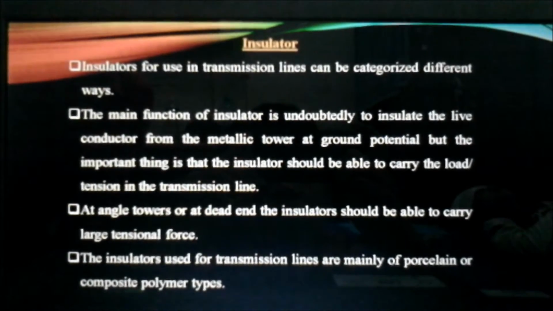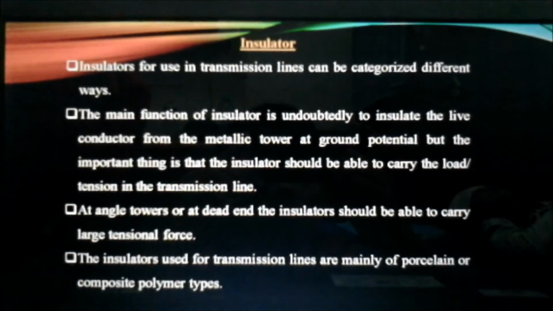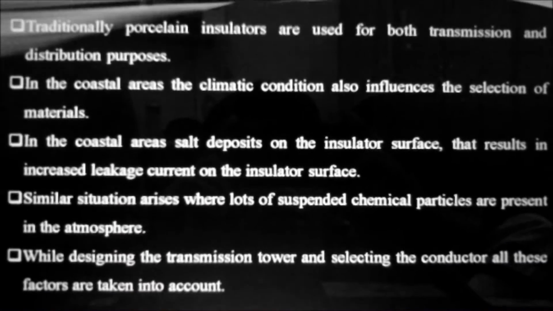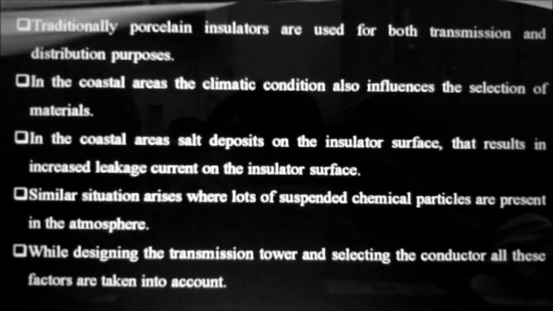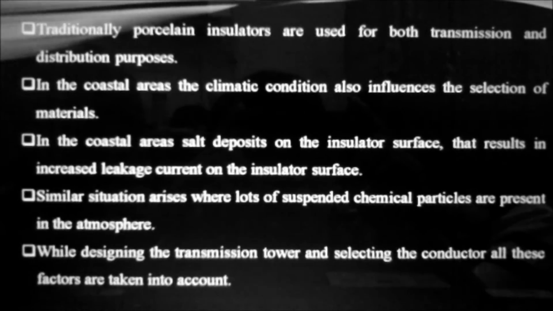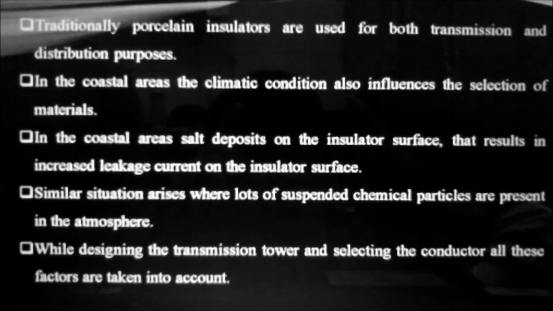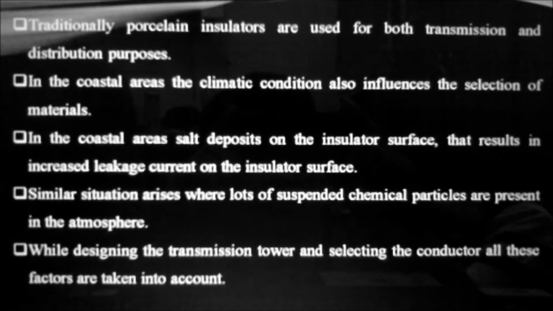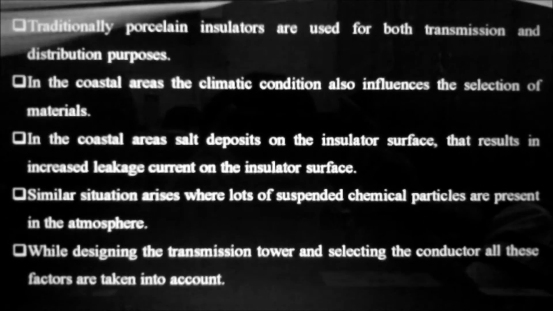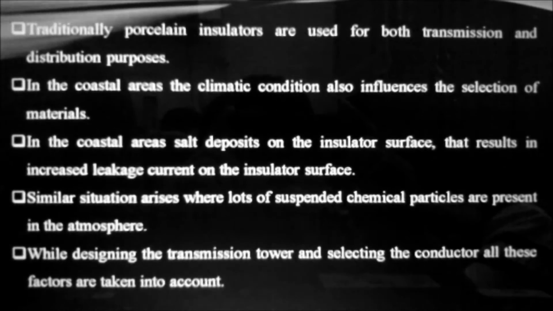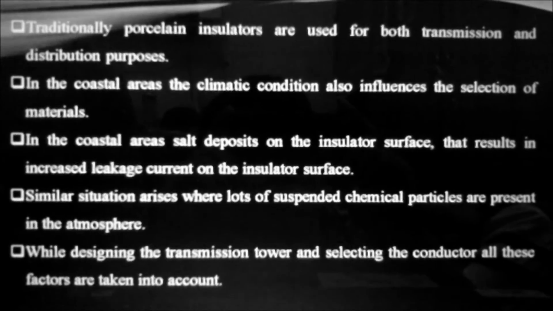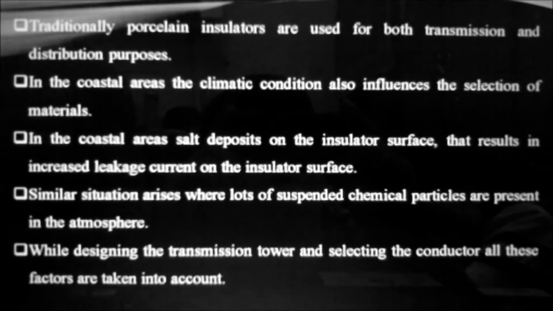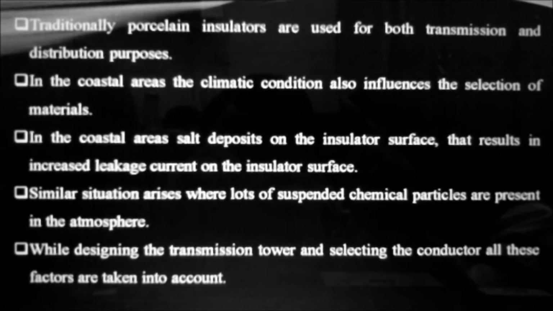The insulators used for transmission lines are mainly of porcelain. Okay, for the next point, in the coastal area, the climatic condition also influences the selection of material. In the coastal area, salt deposits on the insulator surface, which results in increased leakage current on the insulator surface.